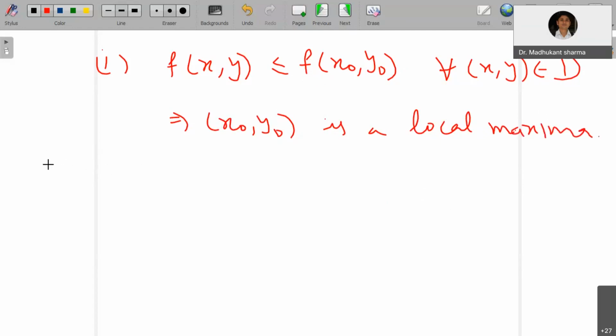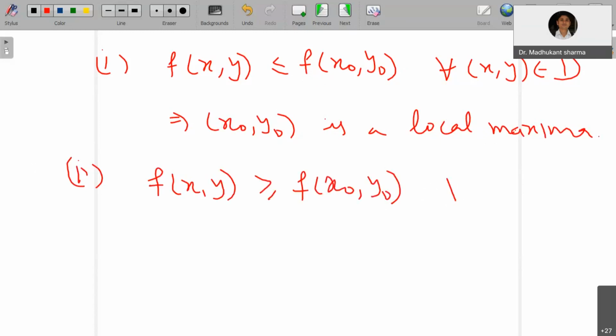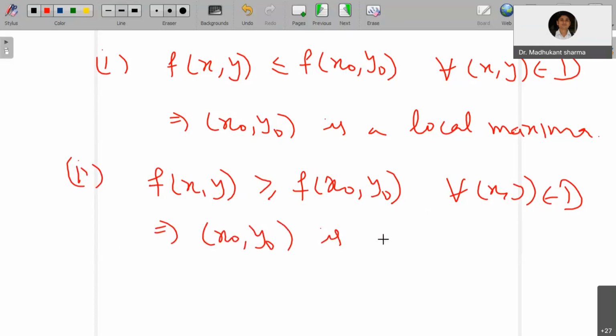Or, if f of x comma y is greater than or equal to f of x0 comma y0 for all x comma y in D, then x0 comma y0 is a local minimum.